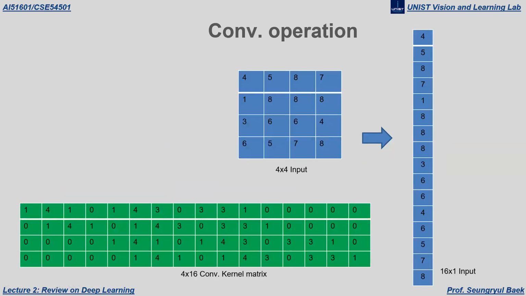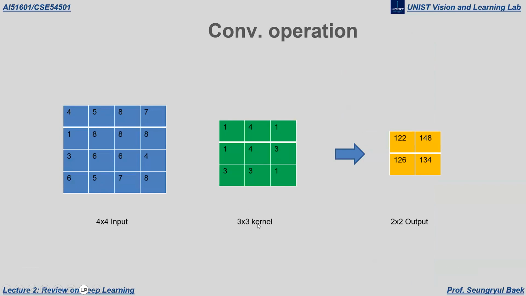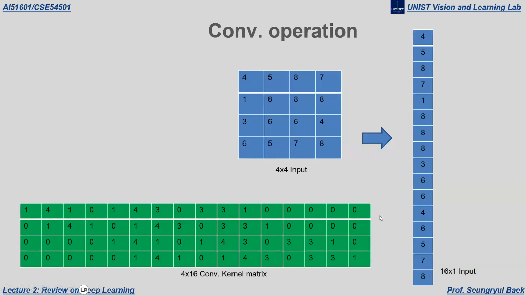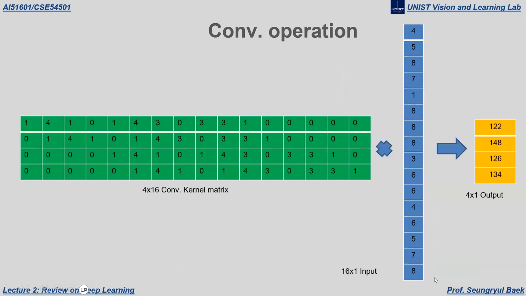But indeed, this convolution operation is not sequentially implemented in the library. How they implement this is, they make a convolutional kernel matrix from this 3x3 filter kernel, and they flatten the original 2D input image into a 1D signal like this.